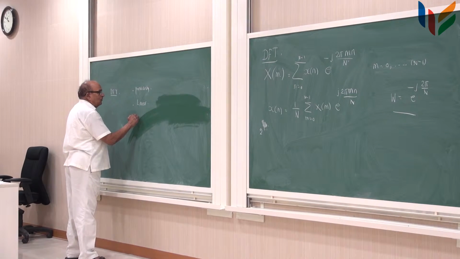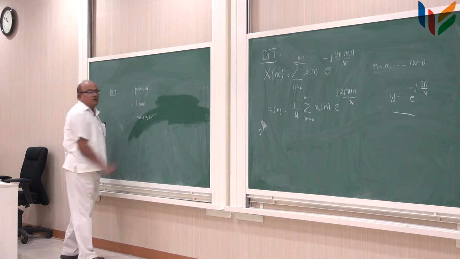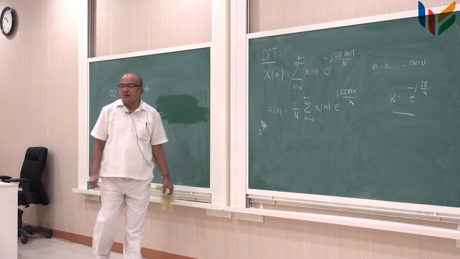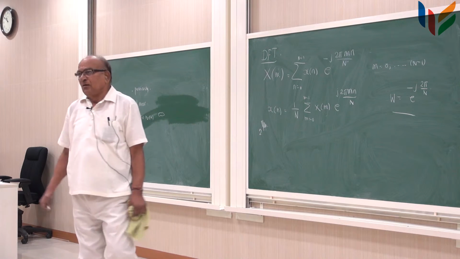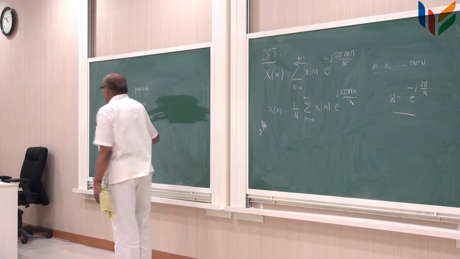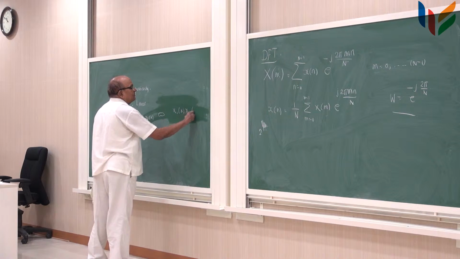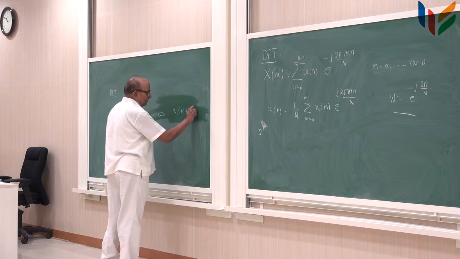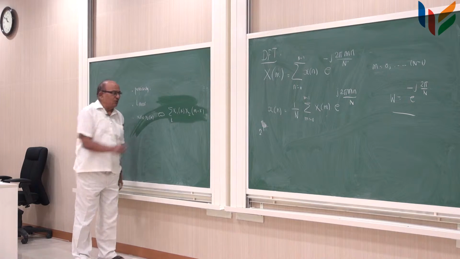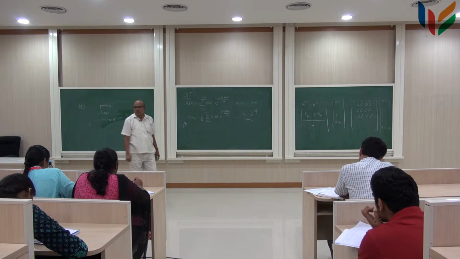If you have a product of two functions, the transform of this will be what? The convolution of the Fourier transform of this and this, that is, x1 k, x2 m minus k summed over k from 0 to n minus 1 is the Fourier transform of that.